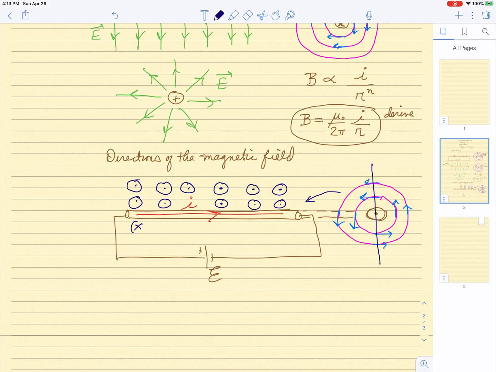And it would be going into the plane of the paper below the wire. Now that takes some three-dimensional thinking, and we need a new right-hand rule.